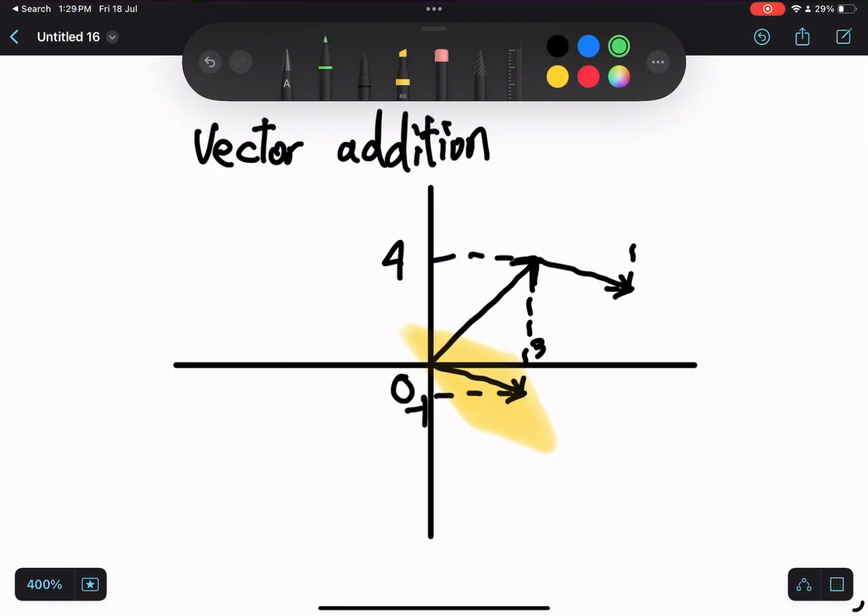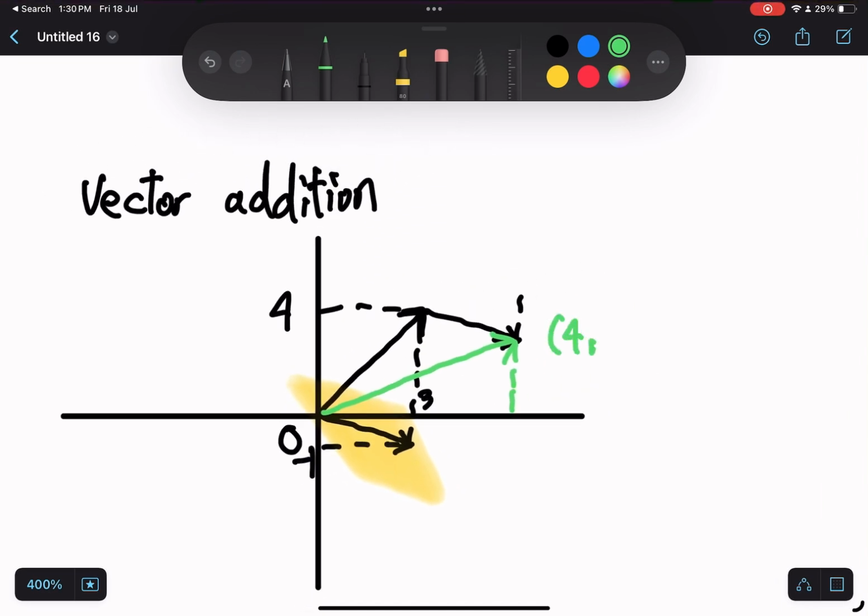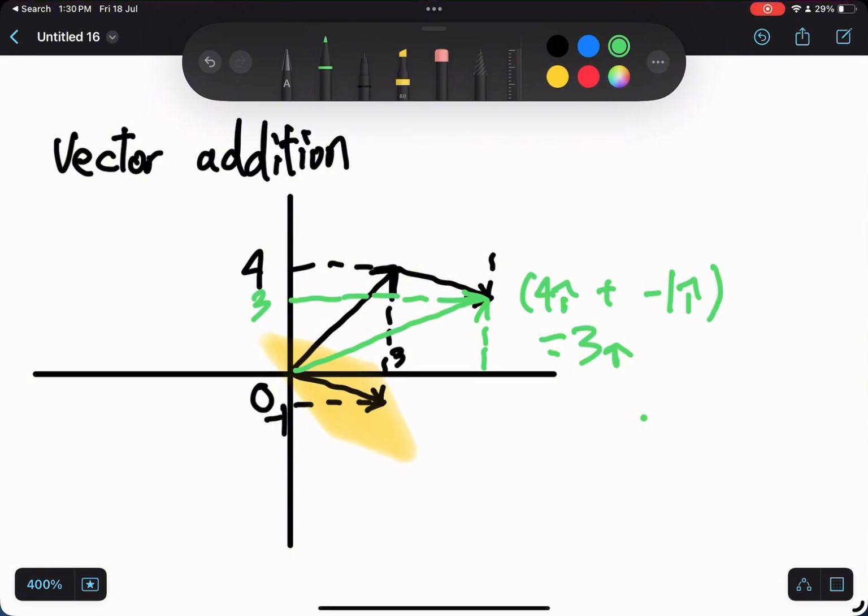This new vector will be defined from the origin to the end point, where the vector's value would just be the addition of 4i hat plus minus 1 j hat, or, small error there, j hat, and the other is 3, so it will be 3 j hat, while the other would be 3i hat plus 3i hat, which is 6i hat.